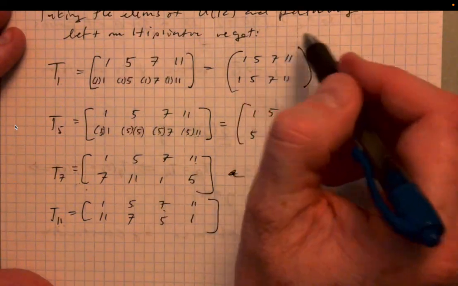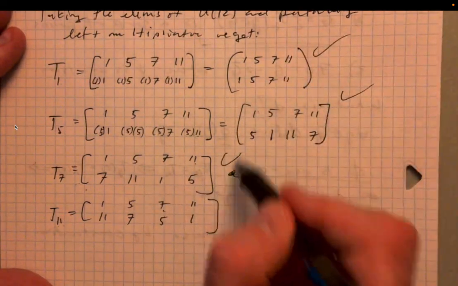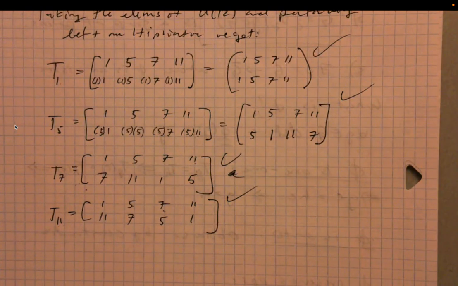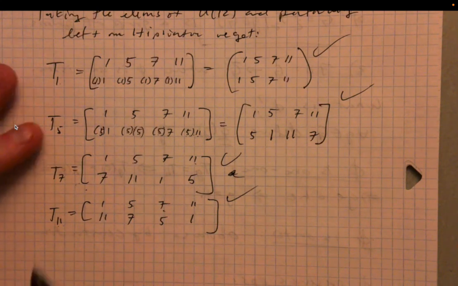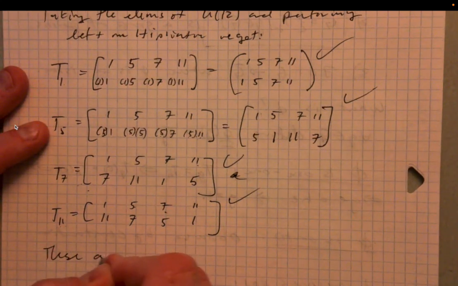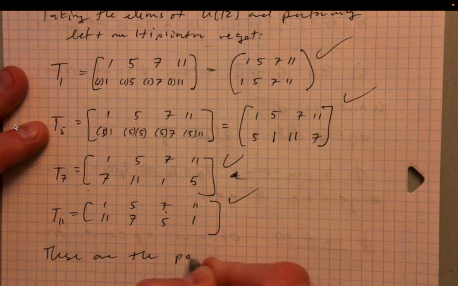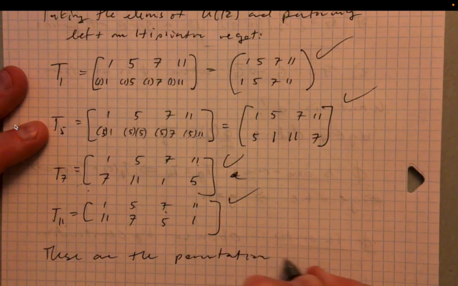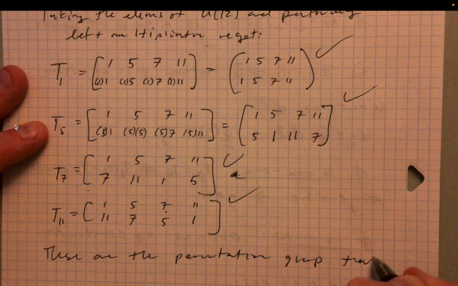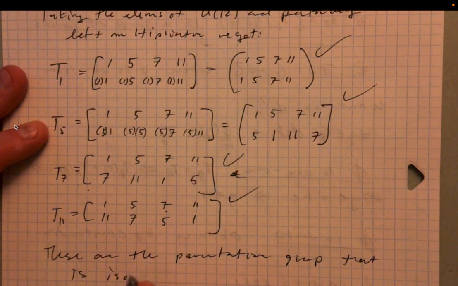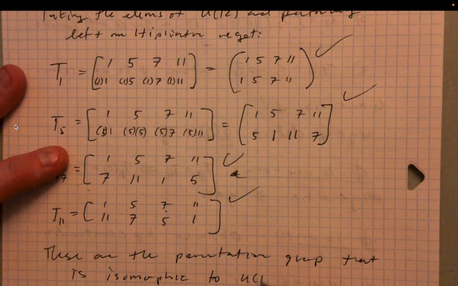Okay, so these are your 4 elements of the left regular representation of U12, right? These are the permutation group that is isomorphic to U12.